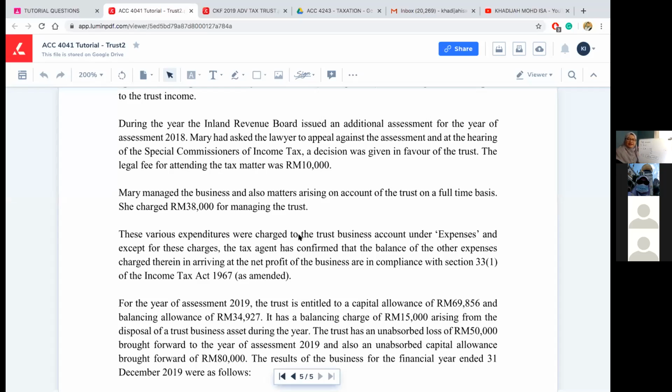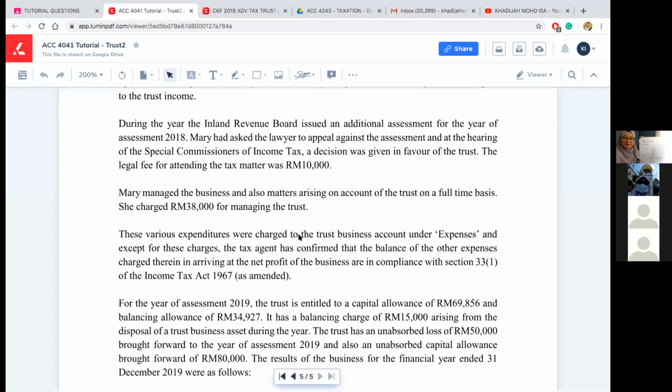So it's not fair. Unless dia boleh pecahkan, remember that for you to claim the management of the business, but the 38,000 is for managing the trust. If they give you the breakdown, okay, managing the trust 38,000, 8,000 for manage the business, then 8,000 is deductible.